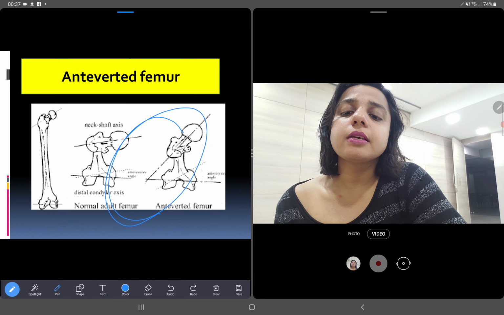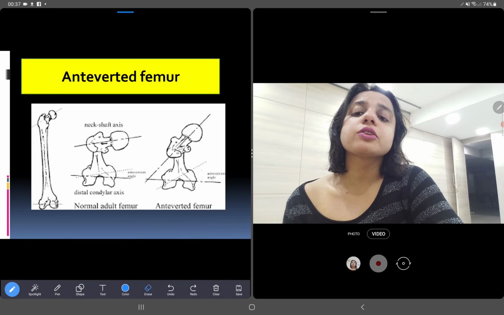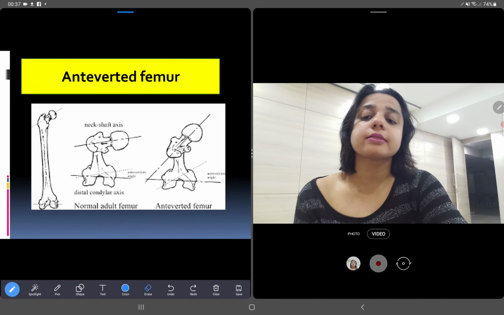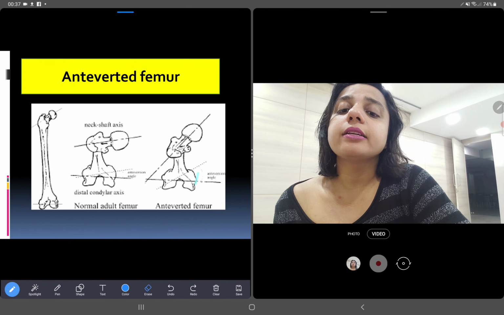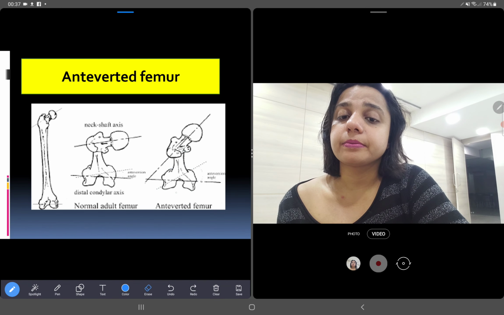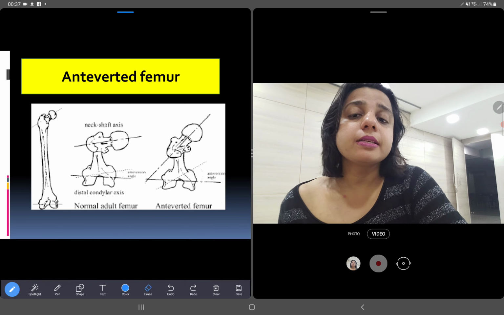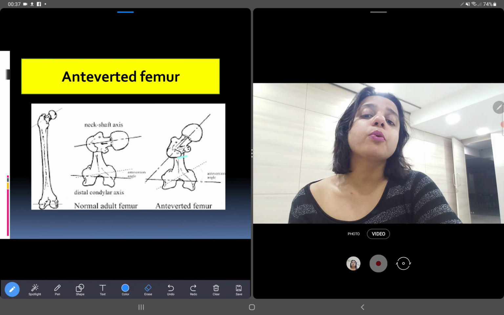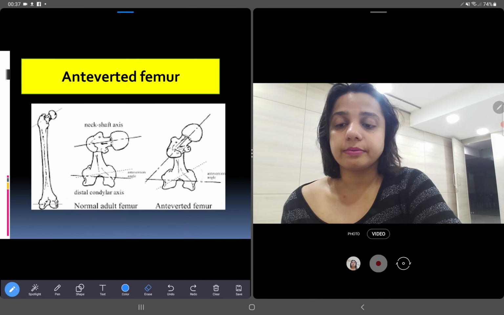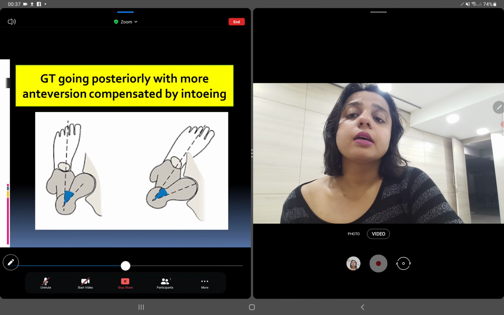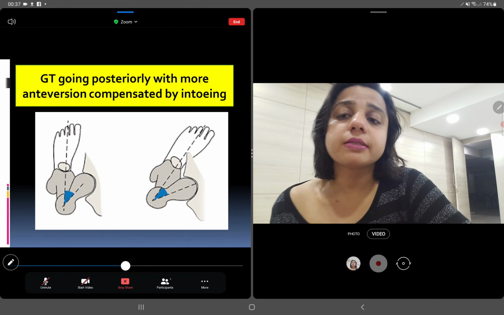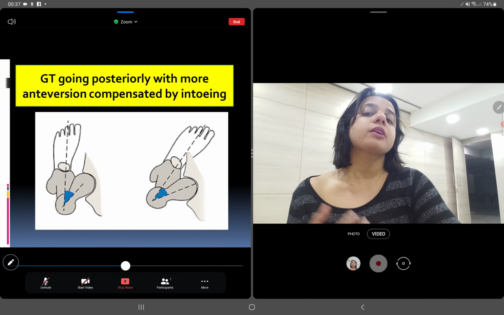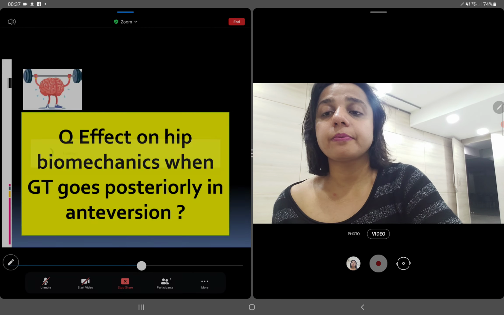Now you can see in this picture a normal femur. You can see the neck shaft axis in the normal femur and in the anteverted femur. You can see the GT goes posteriorly and there is a greater anteversion angle. Here I have shown the same thing, GT going posteriorly with more anteversion, compensated by intoing.